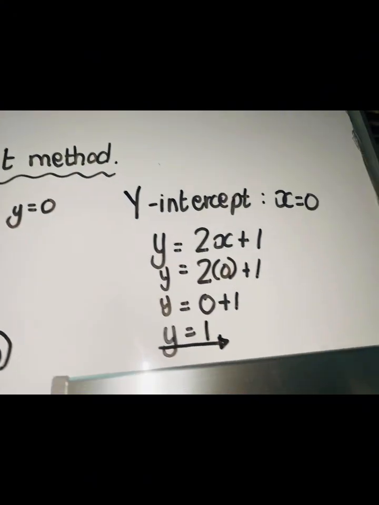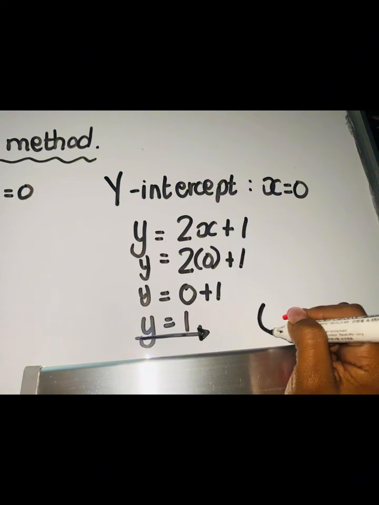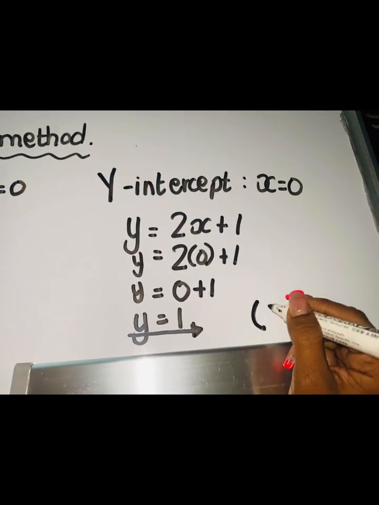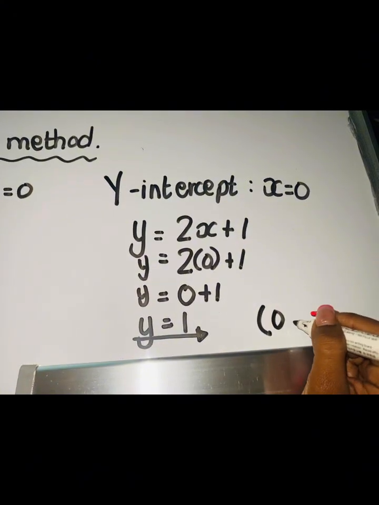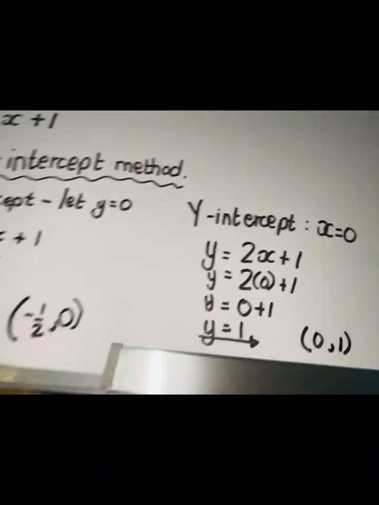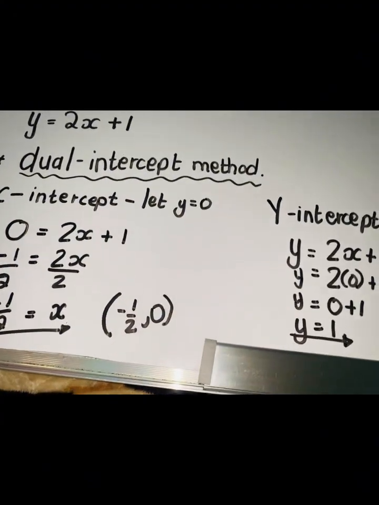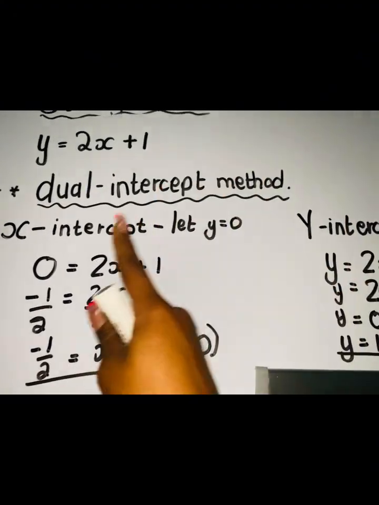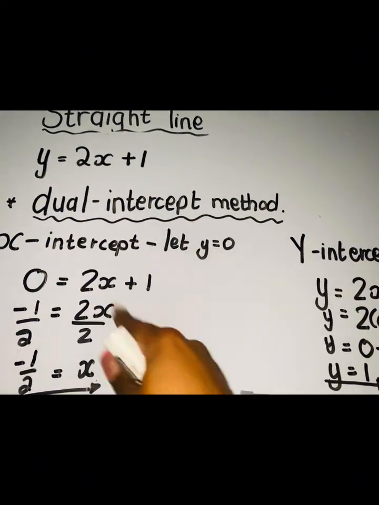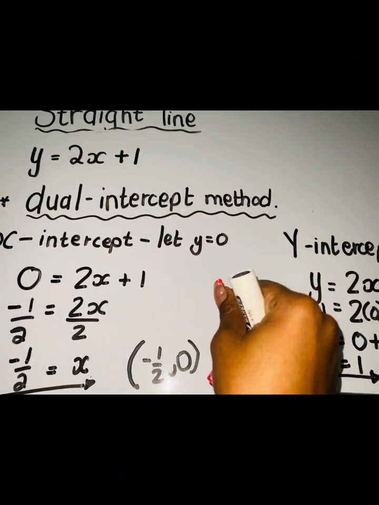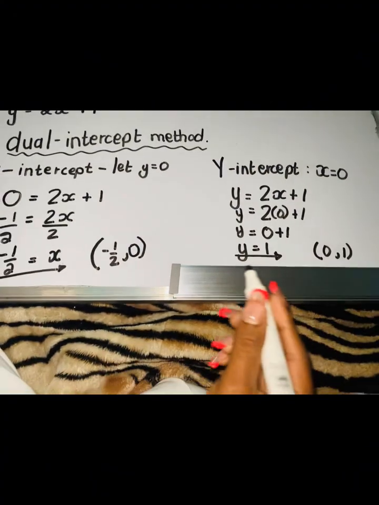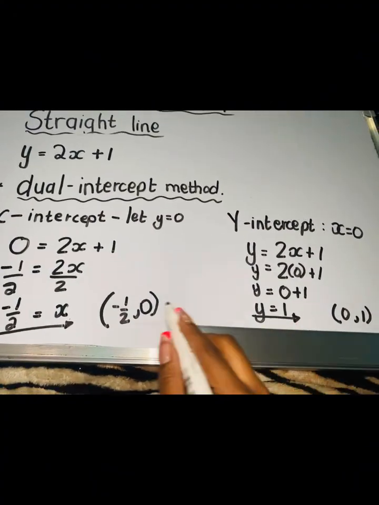Right, how do we write our intercept? We start with x. So our x is 0 and our y is 1. You only need 2 points to plot a straight line, and this is how you find your points. So we're not going to use the table method a lot. We only use it when we're really struggling, but for now this is how it's going to work.